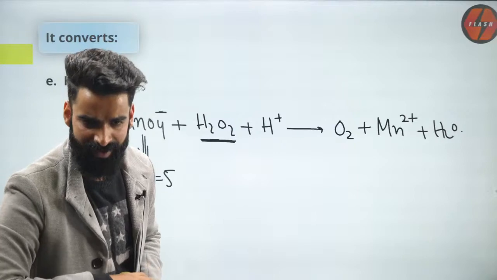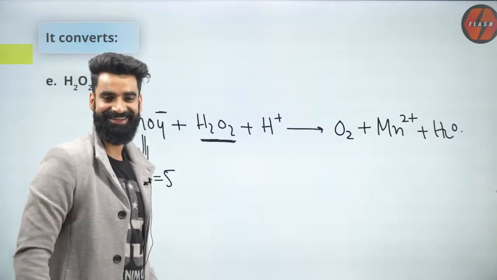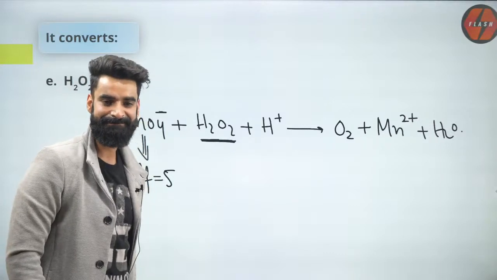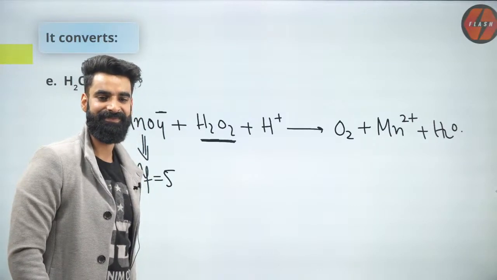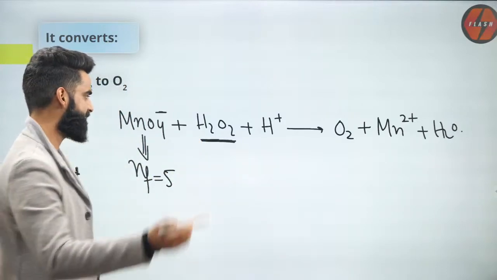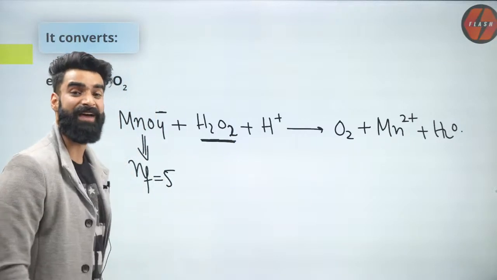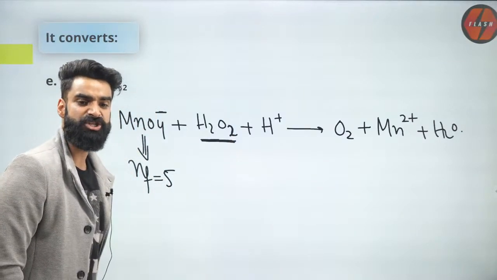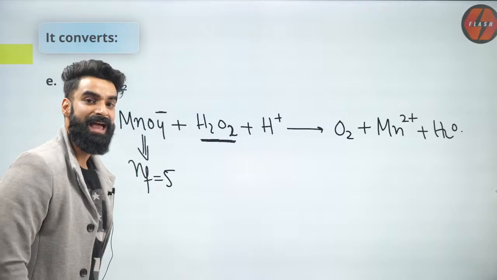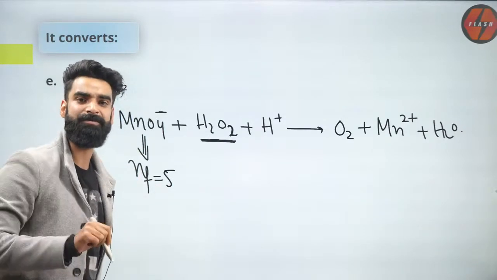What do you think? Oh, a lot of people are saying 4. Okay, have a look guys. See, if you remember, I have showed you the structure of H2O2. In H2O2, there is a peroxide linkage, and in peroxide linkage, there was -1 charge on oxygen atom.